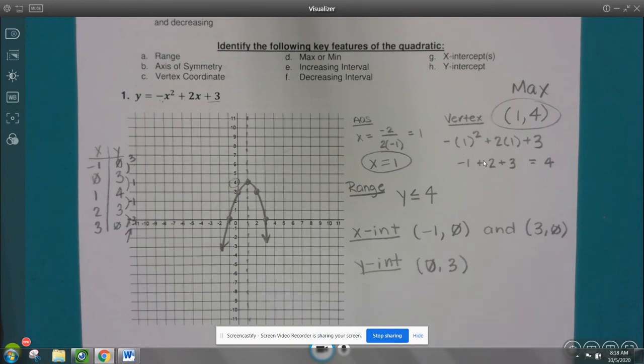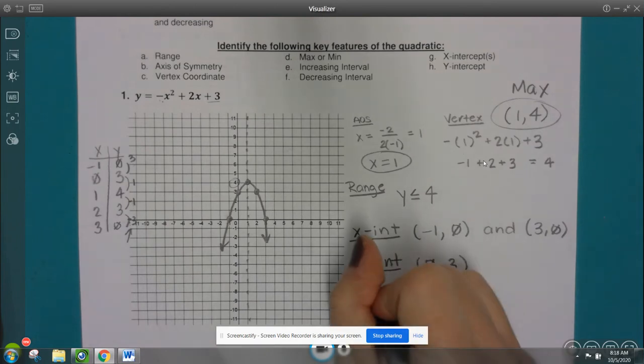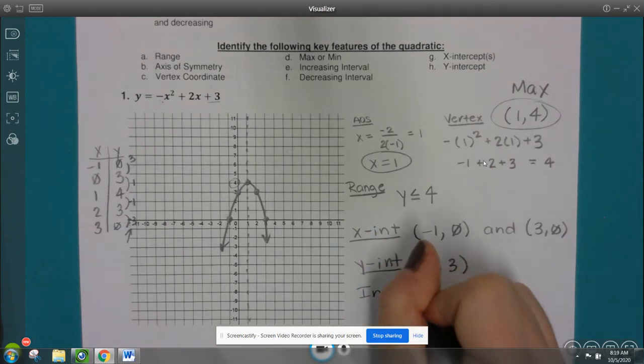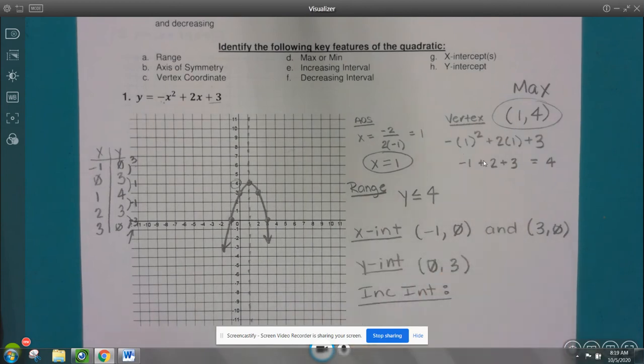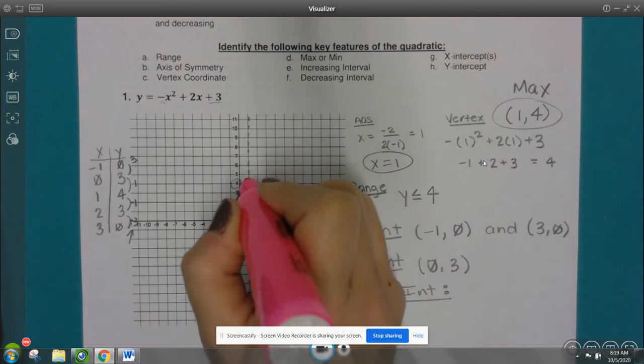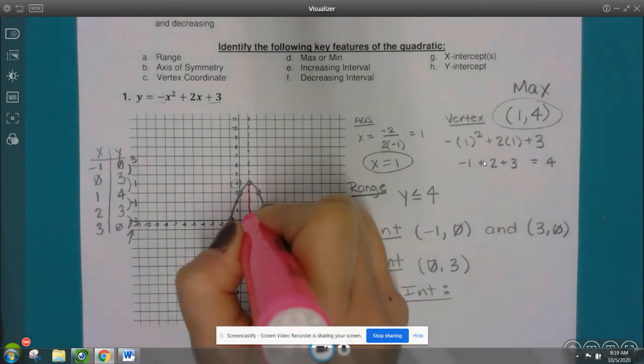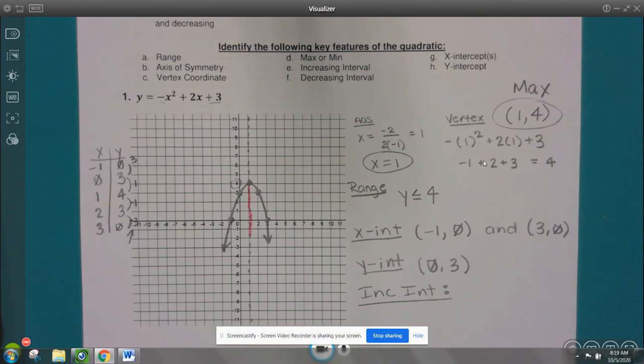So what you're doing when you're writing your increasing and your decreasing intervals is I'm telling the x values where my graph is going up if I move from left to right. It's always going to revolve around the x value for my axis of symmetry.